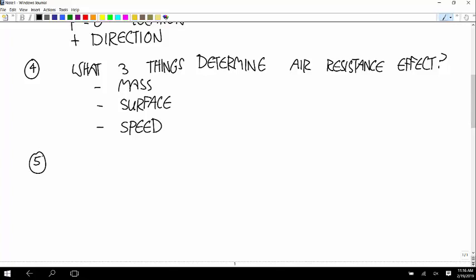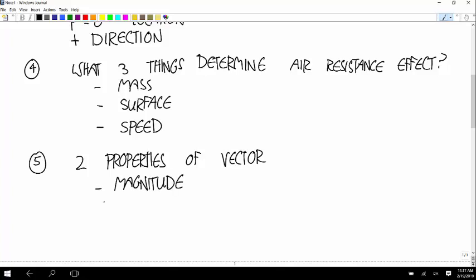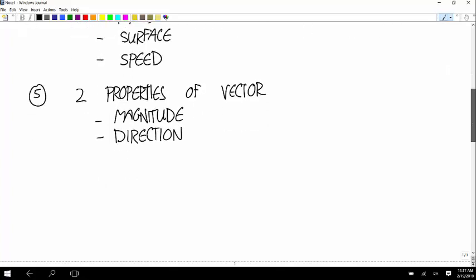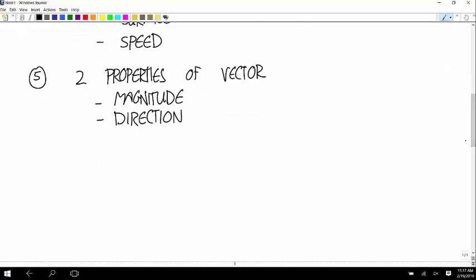Number 5, 2 properties of a vector are the magnitude and the direction. Number 6, name 3 quantities that will be represented as vectors in 2 dimensions.